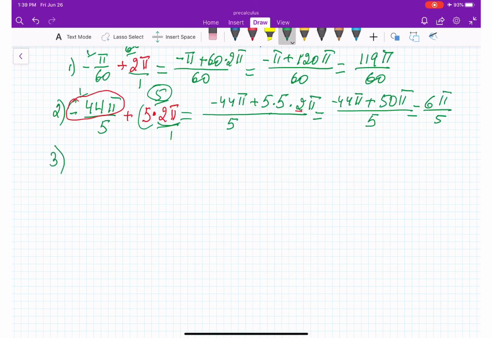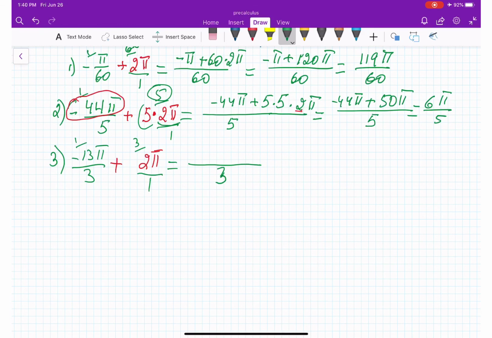Next one, we have negative 13 pi over 3. All right, since it's negative, I'm adding 2 pi because we want to get a positive coterminal. So let's see what we are going to get here. The common denominator is 3. So here we get 1 times, and here we get 3 times to multiply.